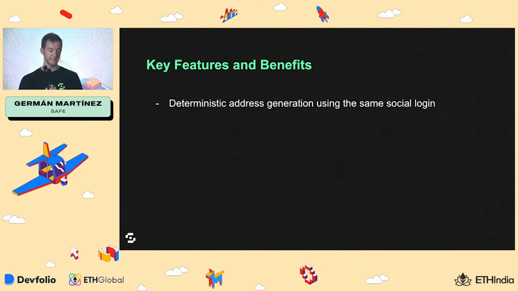The first of all is the deterministic address generation using the same social login. Until now, if you use Web3Auth directly, you'll see that if you connect with different accounts, a different EOA will be generated for each of them. So in the end, you will end up with assets distributed in different accounts, and that is a bit difficult to track.